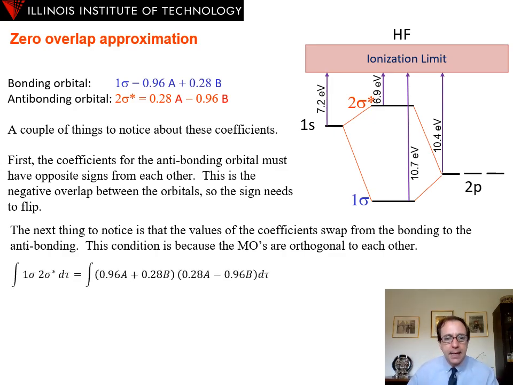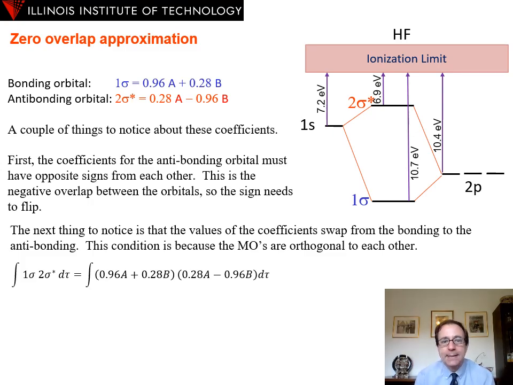So that is to say, if we take the integral of the bonding orbital times the anti-bonding orbital, that is the 1 sigma times the 2 sigma star, and integrate that over all space, well, that is made up of the two orbitals A and B. So I'm just substituting in the equations that we have from the top of the page for the bonding and for the anti-bonding orbital here.